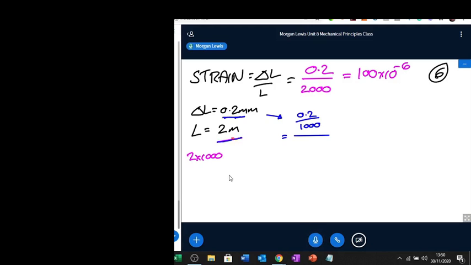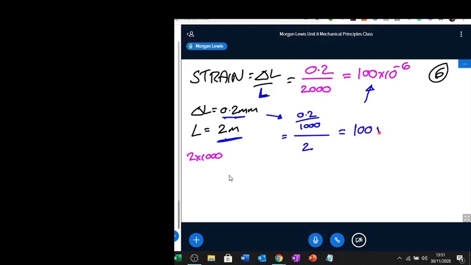And now the change in length is 0.2 divided by 1,000, and original length is going to be 2 because now we're in meters. And we should still get the same answer as this. Divide that by 2 then. Press ENG, and you'll get the same answer.